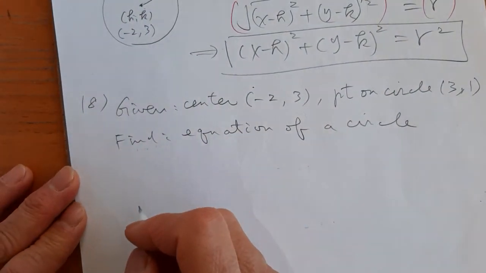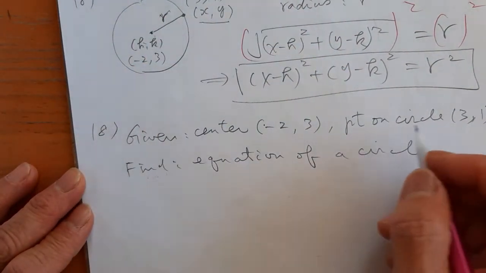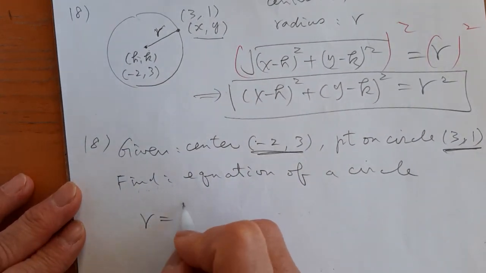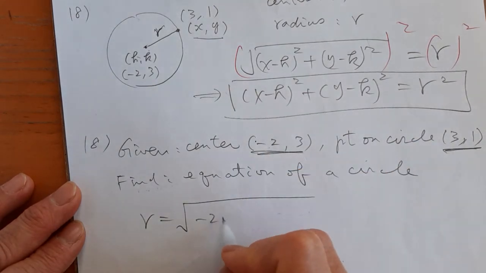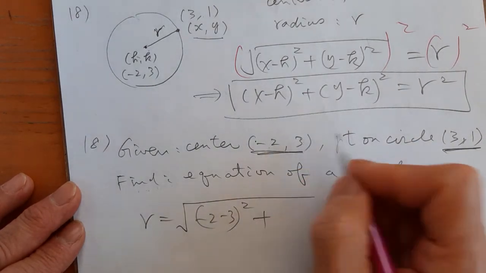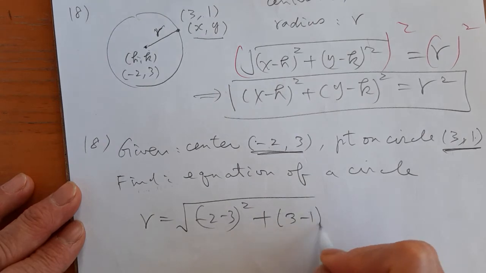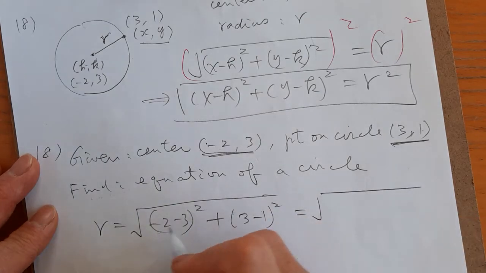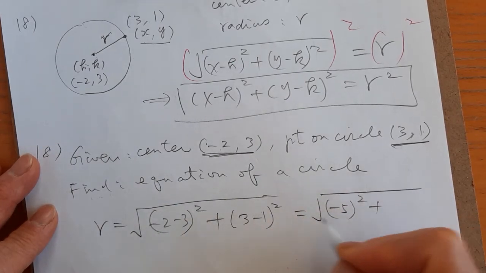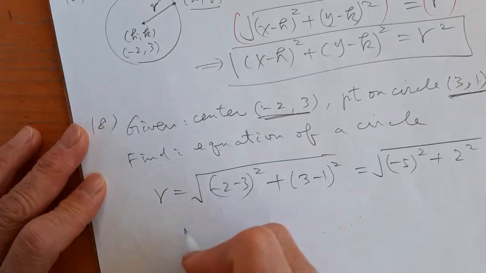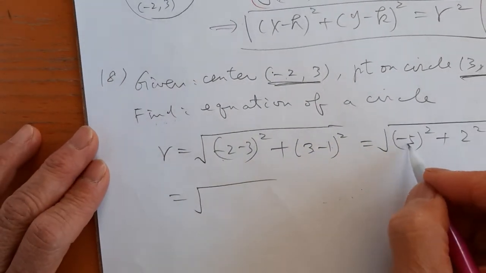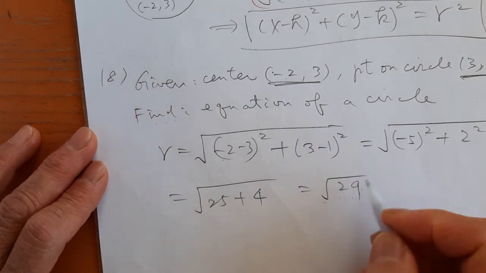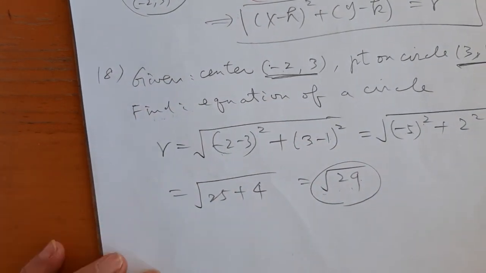Use the distance formula: the square root of (-2 minus 3) squared plus (3 minus 1) squared. We get the square root of (-5) squared plus 2 squared. Negative 5 squared is 25, 2 squared is 4, added together is the square root of 29. That is the radius of the circle.